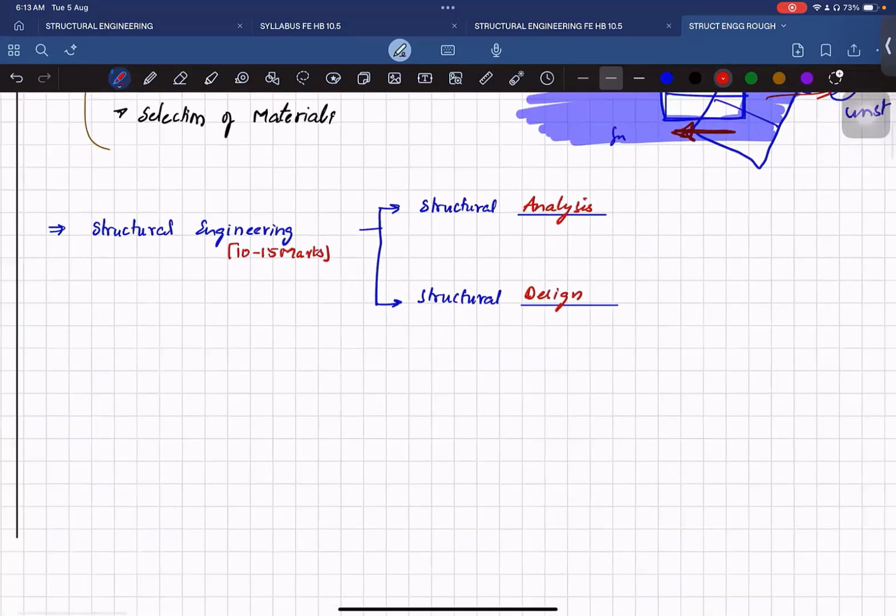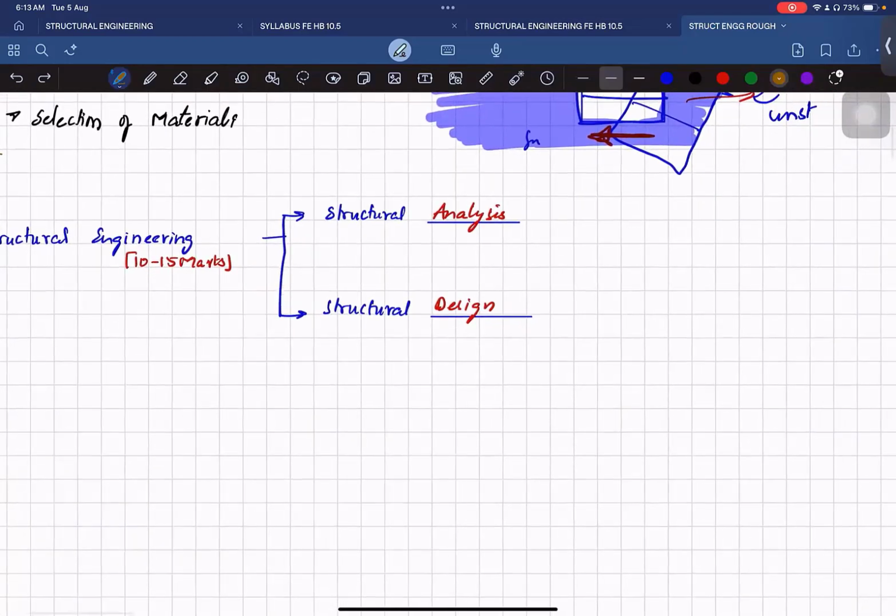So you guys tell me, what is the difference between these two? What do we do here, and how are they correlated? Tell me your answers. In structural analysis, we analyze the structure, like what quantities we need and what kind of load it is.